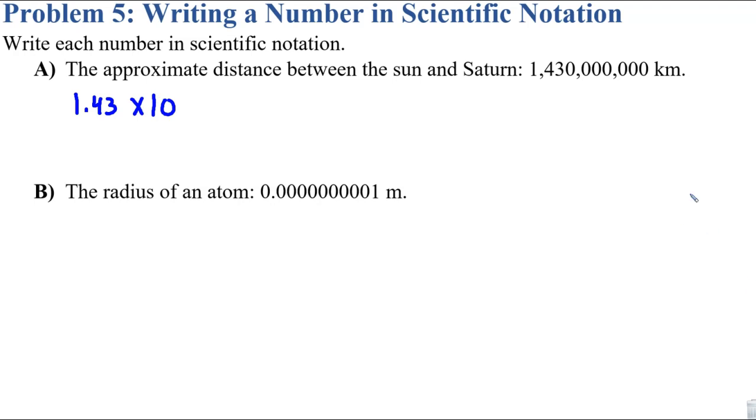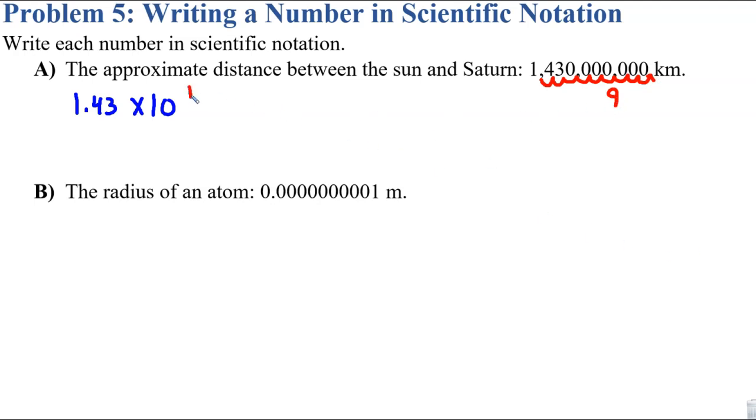The power is how many times it takes to move the decimal, if the decimal's here, 1, 2, 3, 4, 5, 6, 7, 8, 9 times. That's just going to be times 10 to the 9.